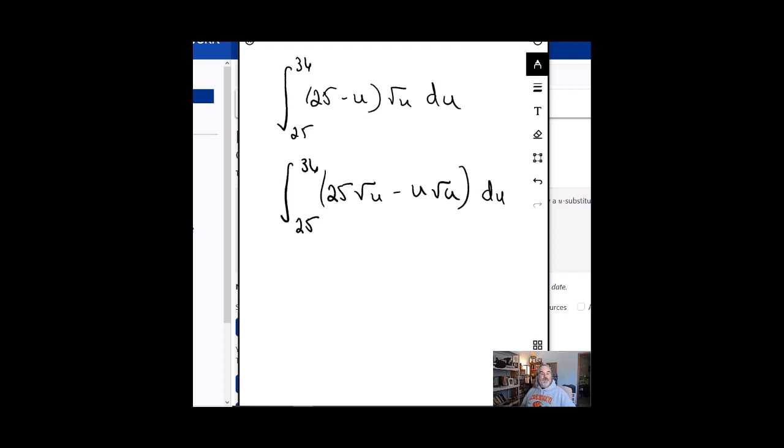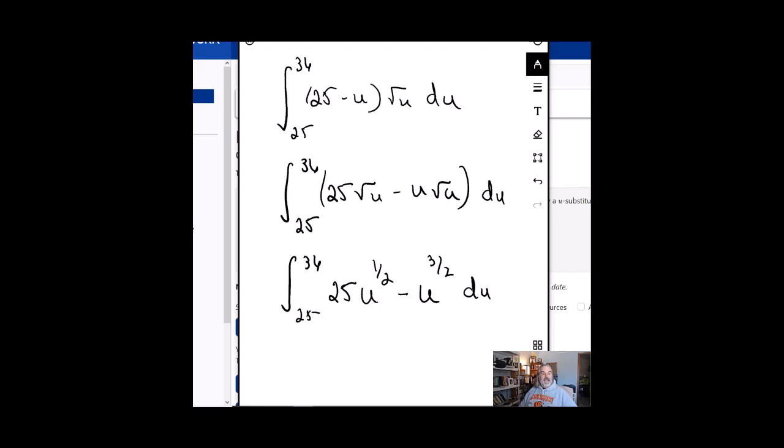And each of those terms can just be integrated with a power rule. So let's make that explicit: 25u to the 1/2 minus u to the 3/2 du.